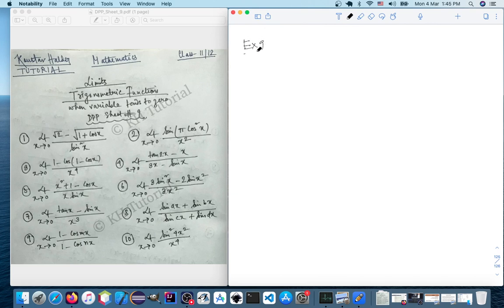We have limit x tends to 0, (1 minus cos mx) divided by (1 minus cos nx). This is also a very standard problem. We should rewrite 1 minus cos x as 2 sine square x by 2.